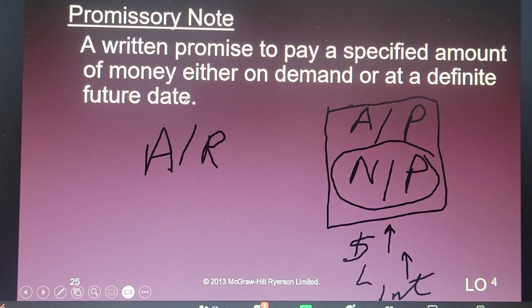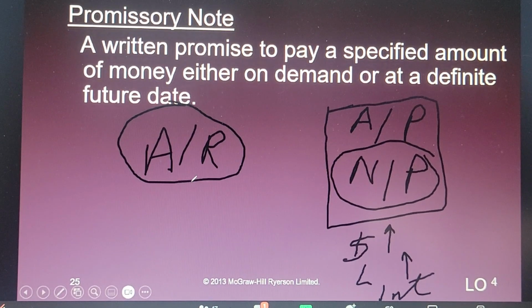Okay. So sometimes this happens to the accounts receivable. Okay, somebody owes me money. They say, okay, you know what? I need more time. Okay, so instead of just paying within the 30 days, I want 90 days. Okay, and I'll pay you 5% interest on it.